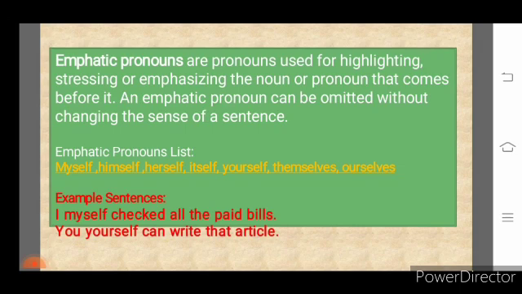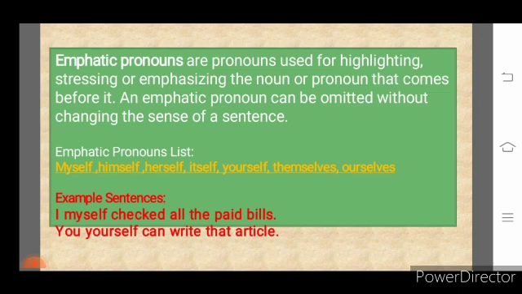An emphatic pronoun can be omitted without changing the sense of a sentence. It means you can skip the emphatic pronoun and the meaning of the sentence will not be changed. Okay, because we use emphatic pronoun just to stress on something or someone.